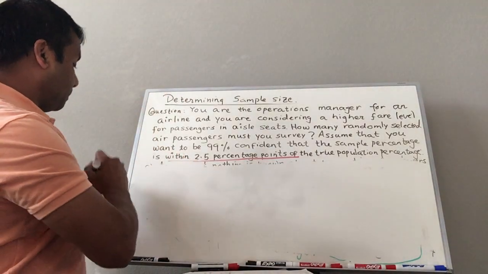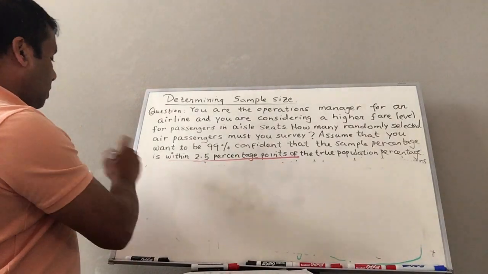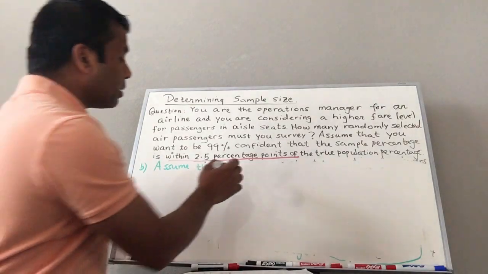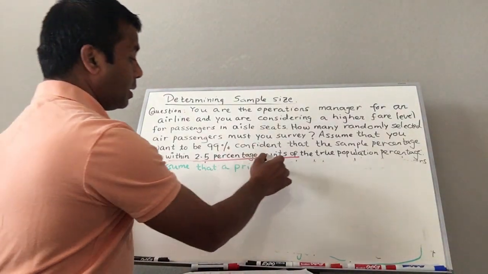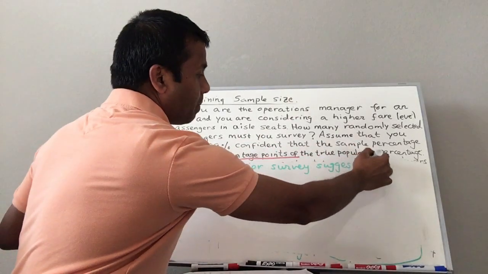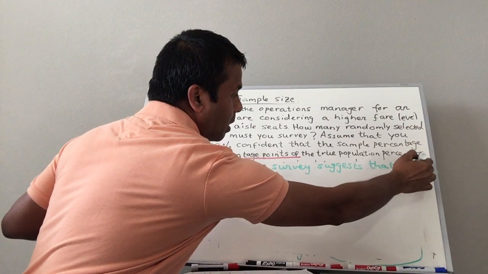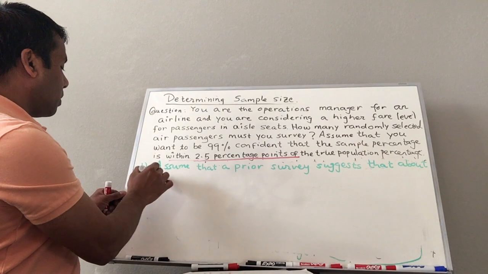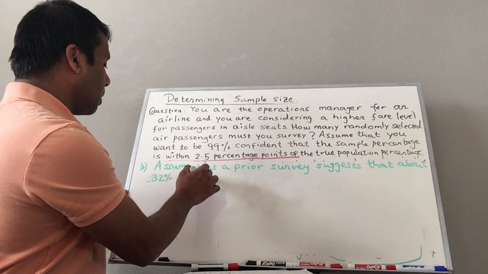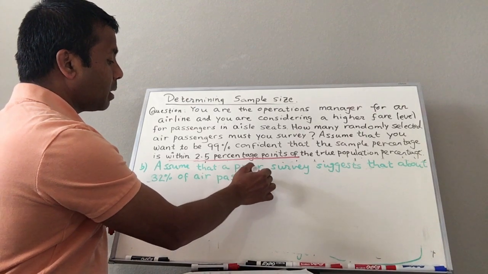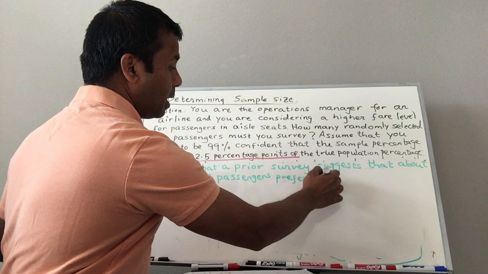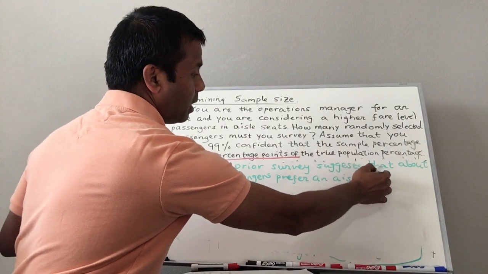So part B is: assume that a prior survey suggests that about 32% of air passengers prefer aisle seats. Okay, now look here.